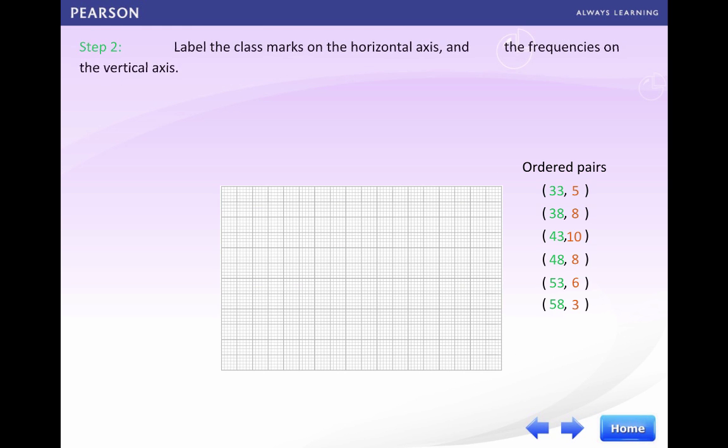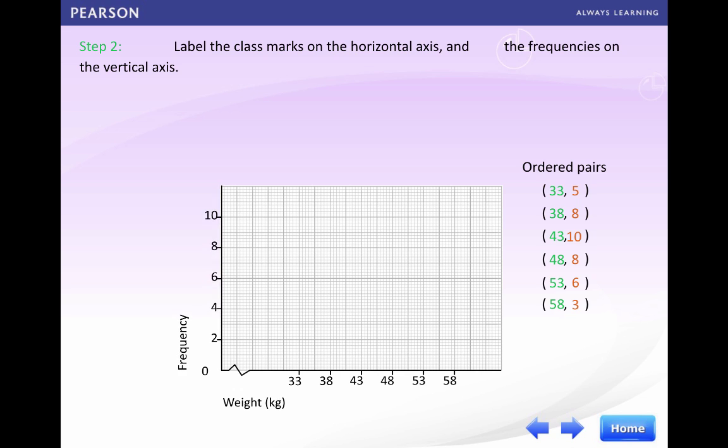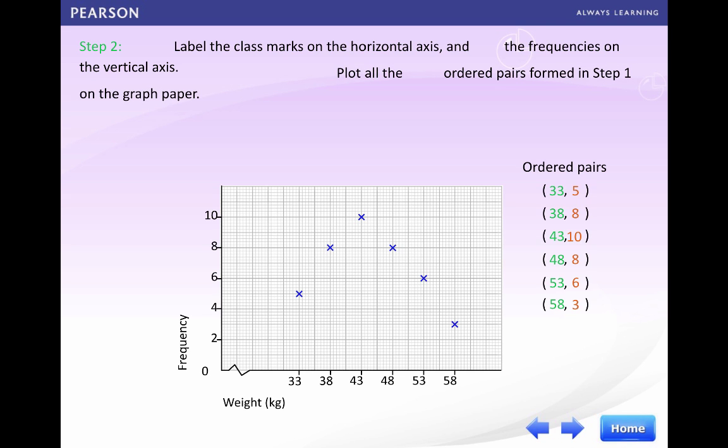What does it mean? You can see that there is a graph with a horizontal axis and a vertical axis. We label the horizontal axis as the class marks, and we use the frequency as the vertical axis. And we plot all the ordered pairs onto this graph. So you plot all the points here.